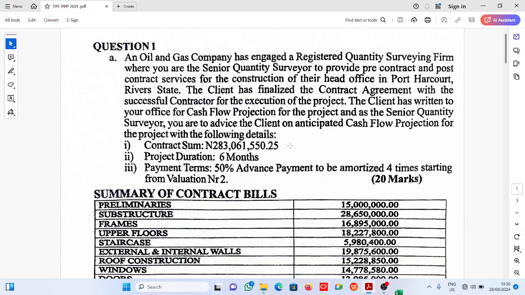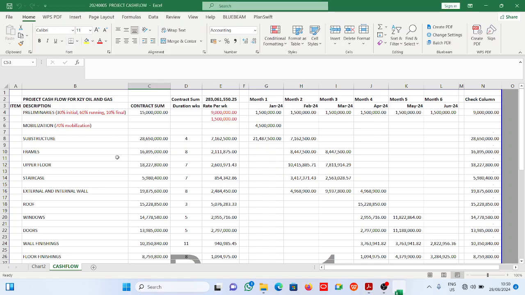All right, let's come back here. Basically, a cash flow forecast or a cash flow projection is a financial management tool that is used to predict the inflow and outflow of cash associated with a project over a specific period of time.